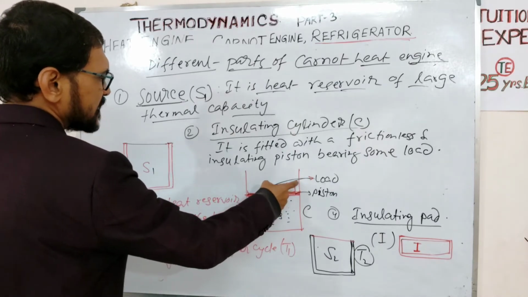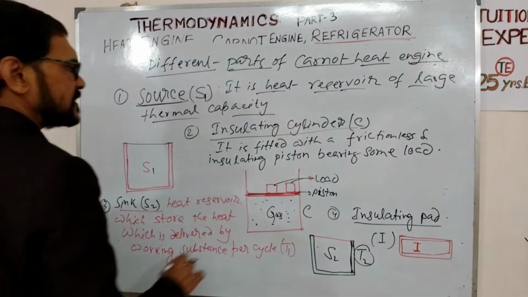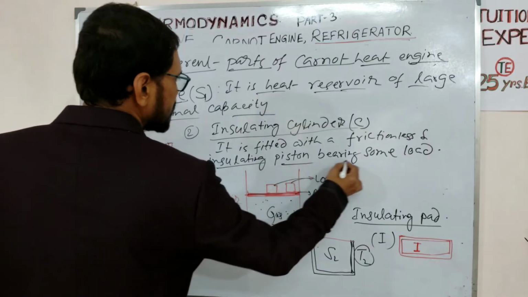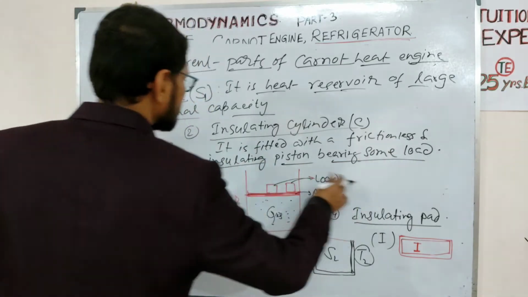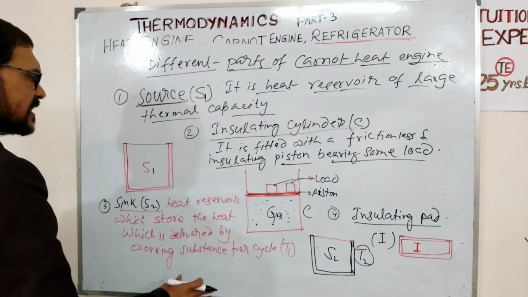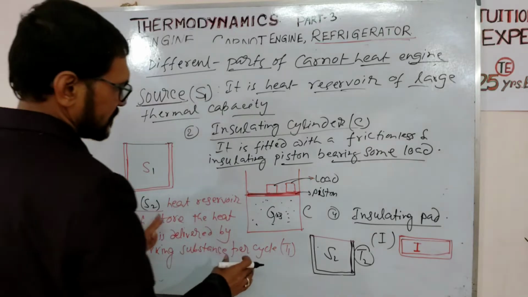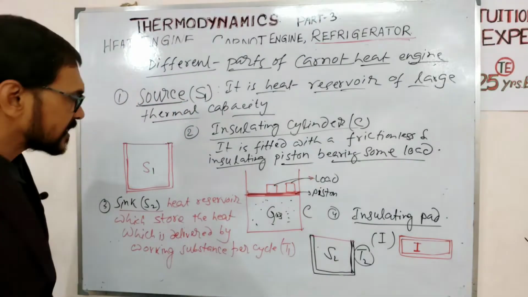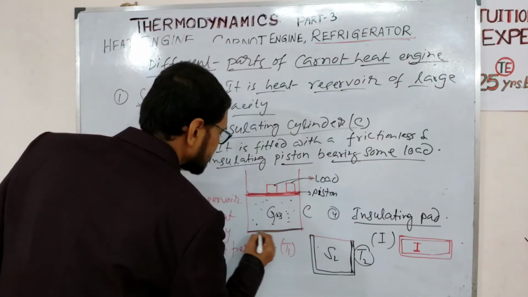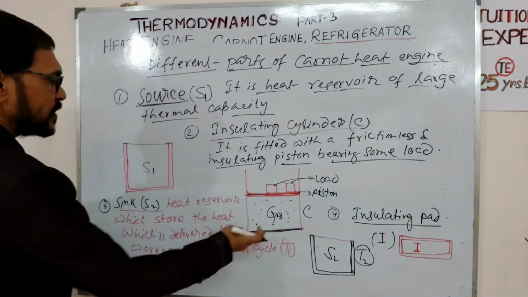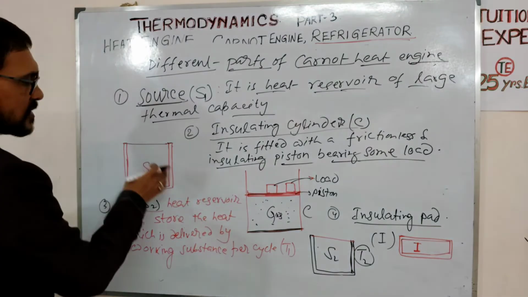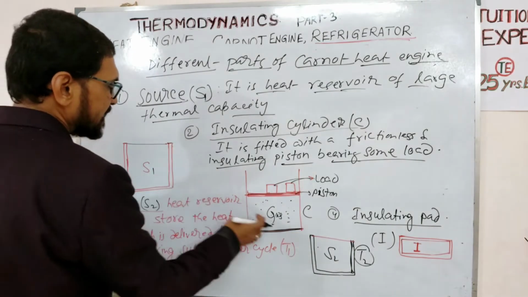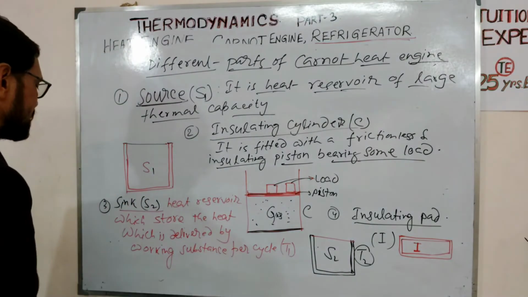The piston is an insulating piston bearing some load. So this is the insulating cylinder, but the base is conducting. The base is conducting because when it is put in the source, the heat can enter into the gas.